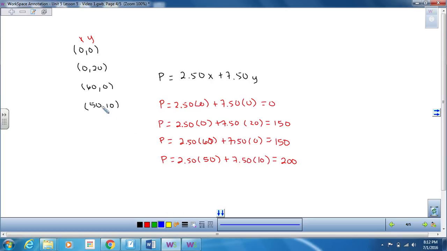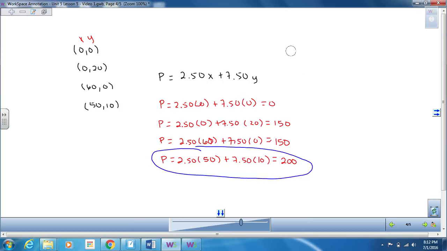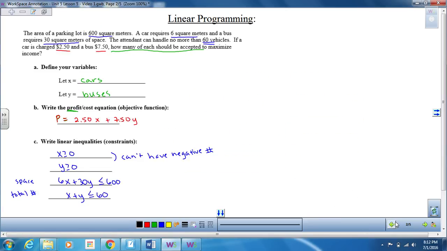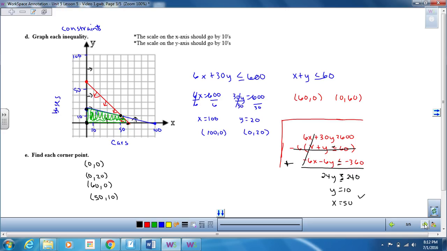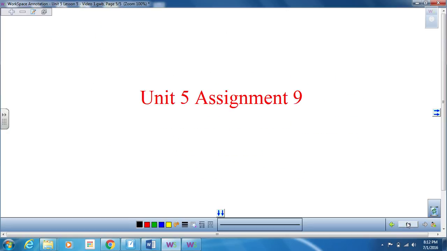Okay, so the corner point that would give them the most profit would be this (50, 10). And it's not always this one where they intersect in the middle. It could be any of the other ones. So it's this one because 200 is the biggest amount. Okay, so to write our final statement, the question says how many of each should be accepted. So let me go back and so we can write that.